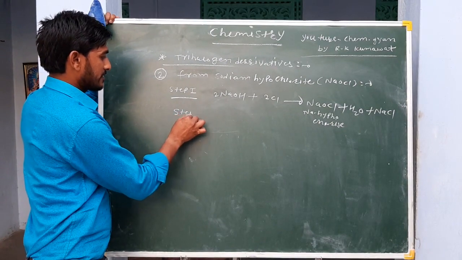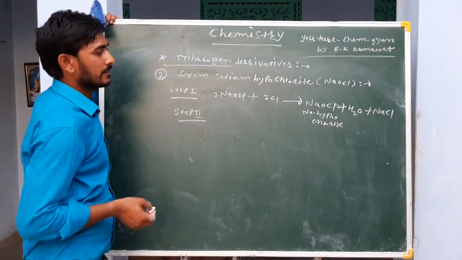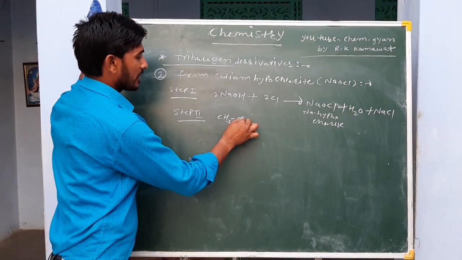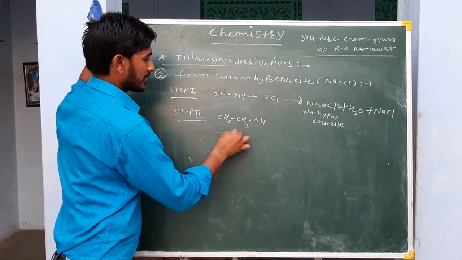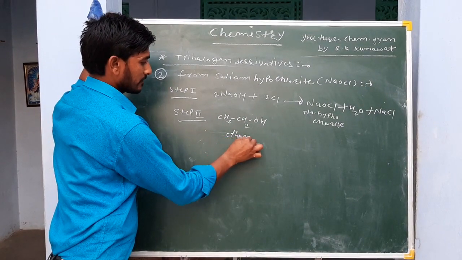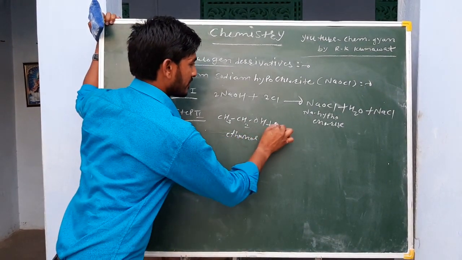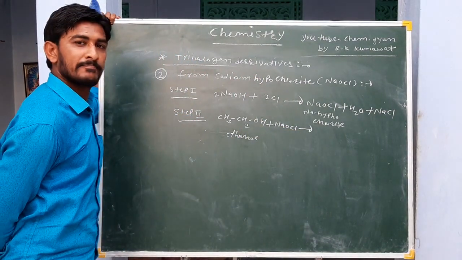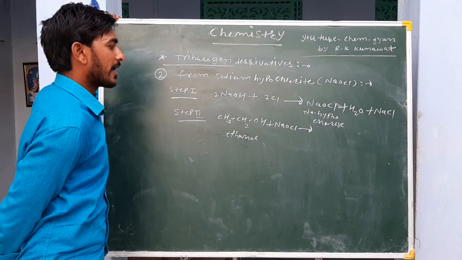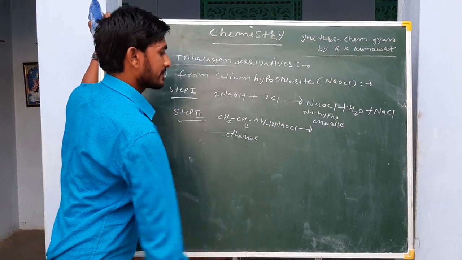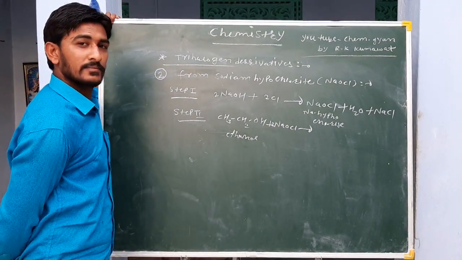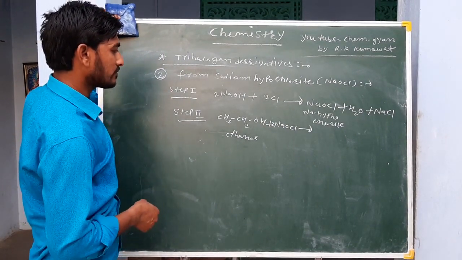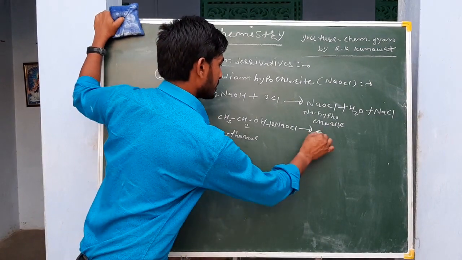Step number second: primary alcohol, ethanol, reacts with sodium hypochlorite, two molecules, and we know that the product is formed.